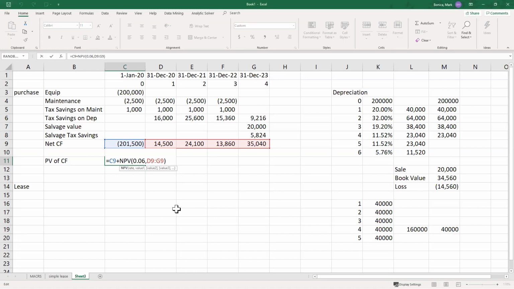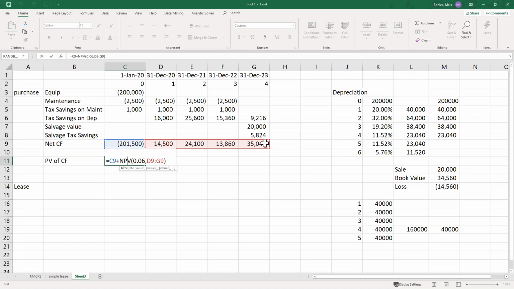So with this formula, what I did was I took the net cash flow at time 0, which is itself, and then instead of doing each cash flow manually by saying, okay, this one is 14.5 divided by 1.06. This is 24,100 divided by 1.06 squared. This is 13.8 divided by 1.06 cubed.